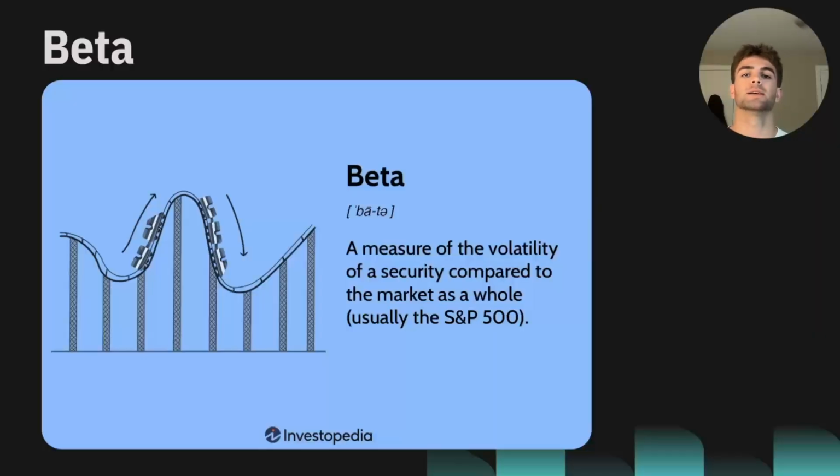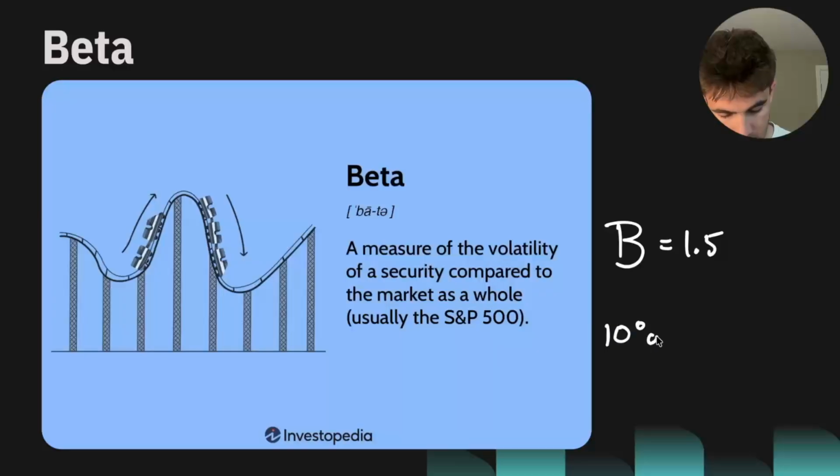So let's look at an example to better illustrate this. If a given asset has a beta of 1.5, then let's say over a given period of time, the market returned 10%. The beta of that asset is 1.5.